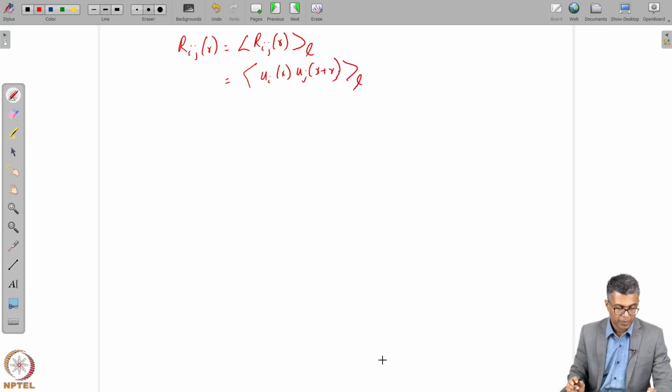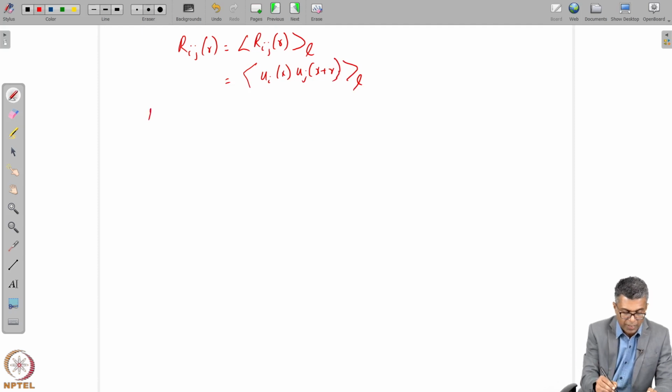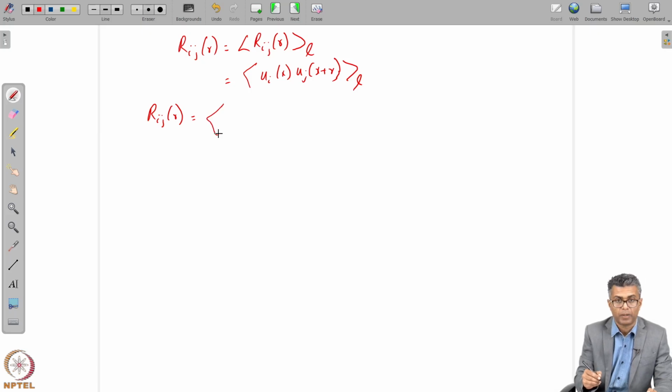Now, what I can also use is the inverse Fourier transform. Inside the volume average, I write each u_i as an inverse Fourier transform.